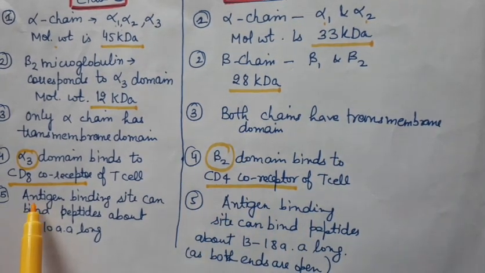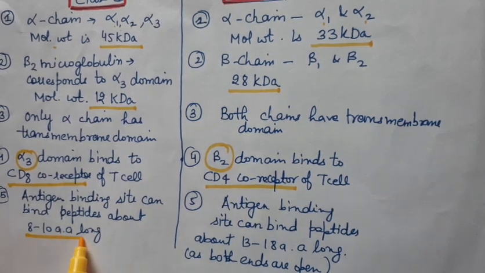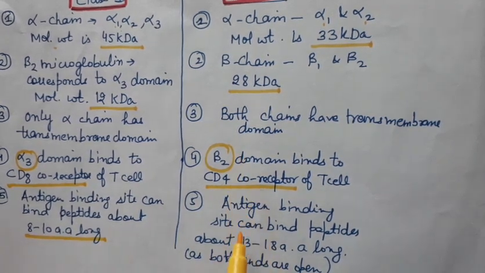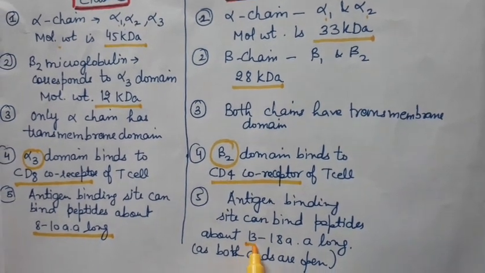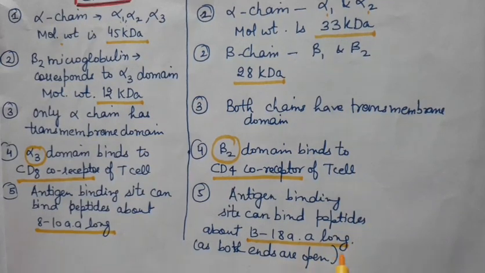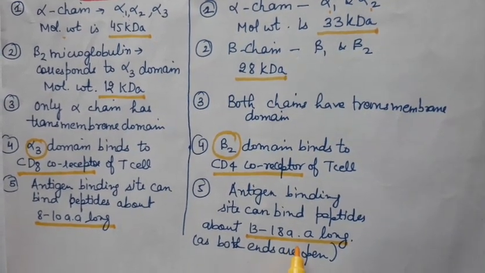In case of class 1, antigen binding site can bind peptides about 8 to 10 amino acid long, whereas in class 2, the size that antigen binds is about 13 to 18 amino acid long, because both the ends of the polypeptide chains are open.